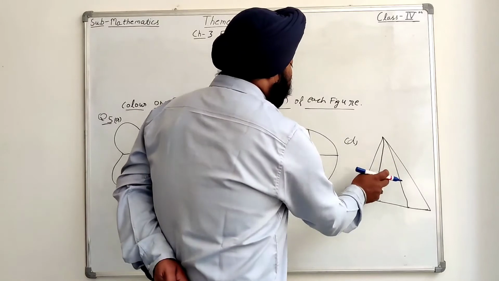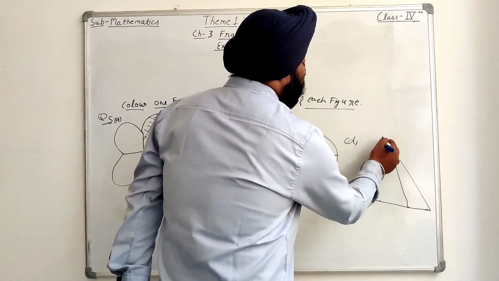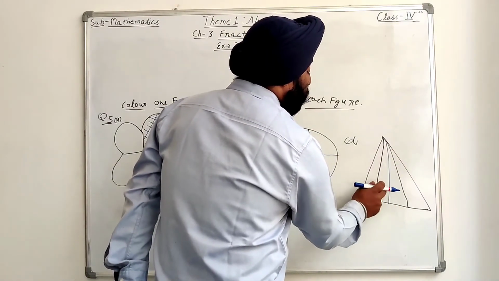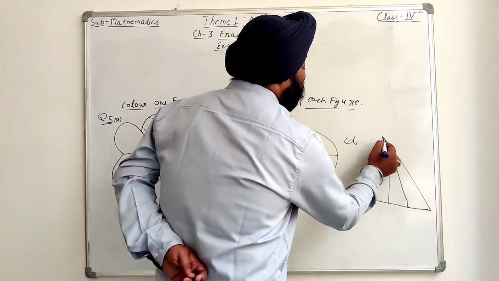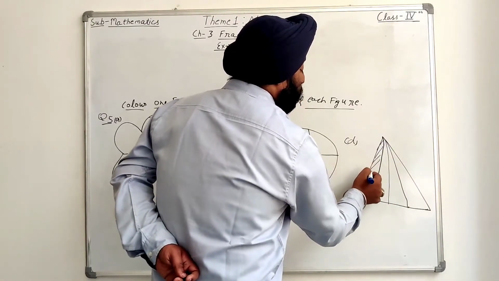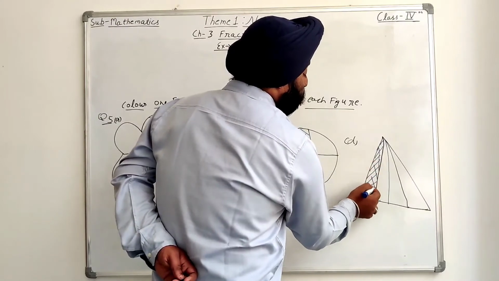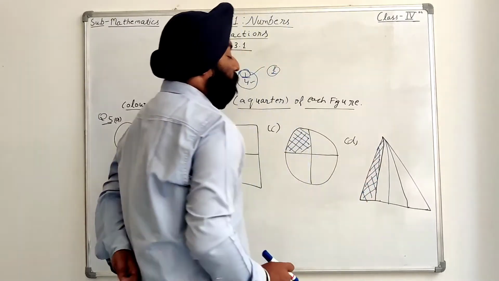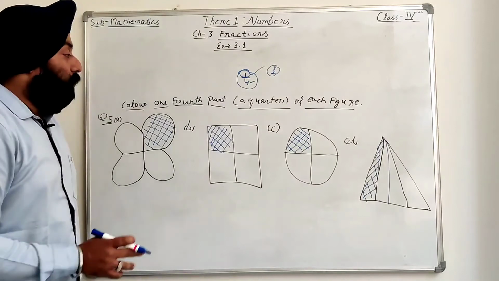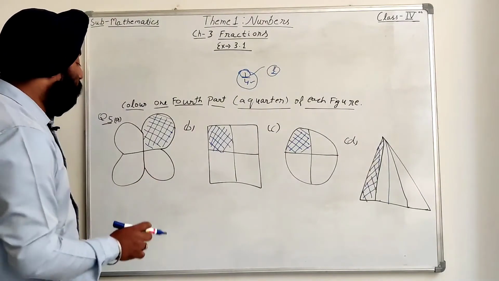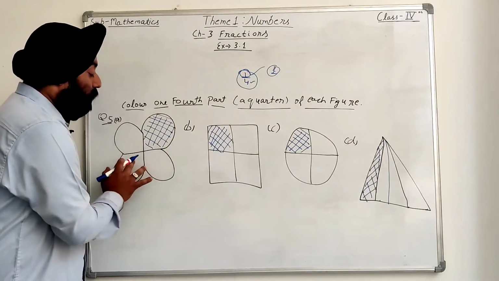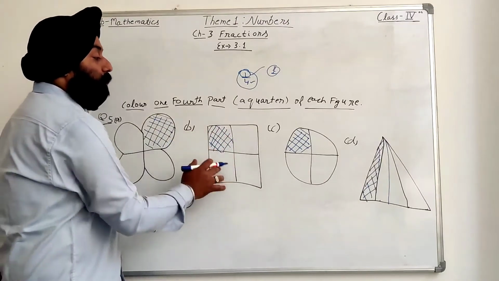Now it has only 3 parts. We have to divide it and get 1, 2, 3 and 4 parts. We color 1 part. So that's all from this question.